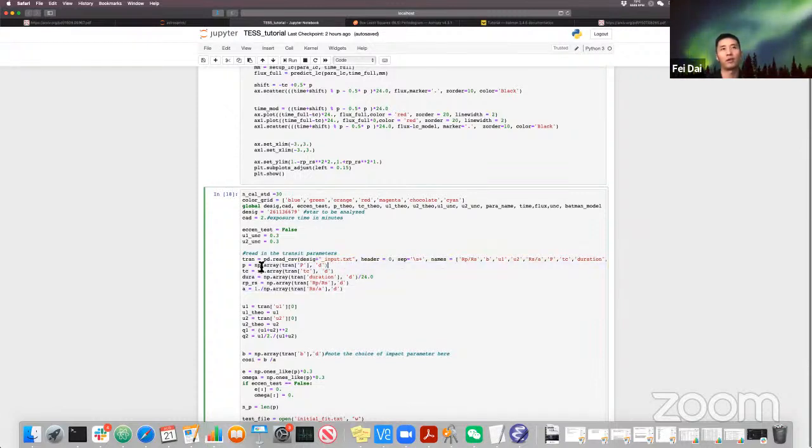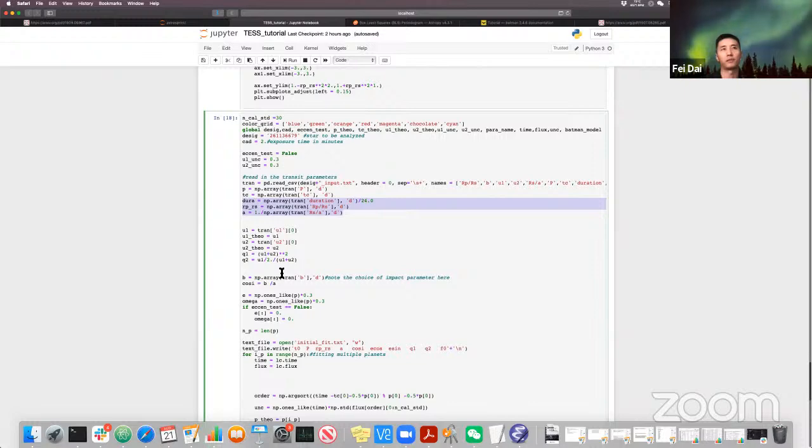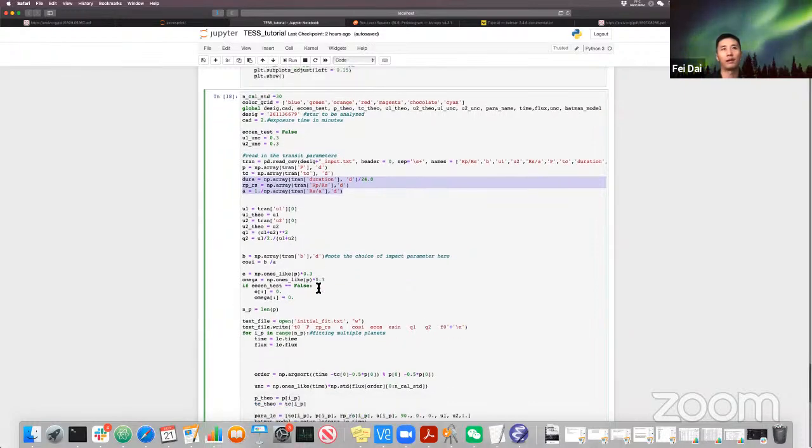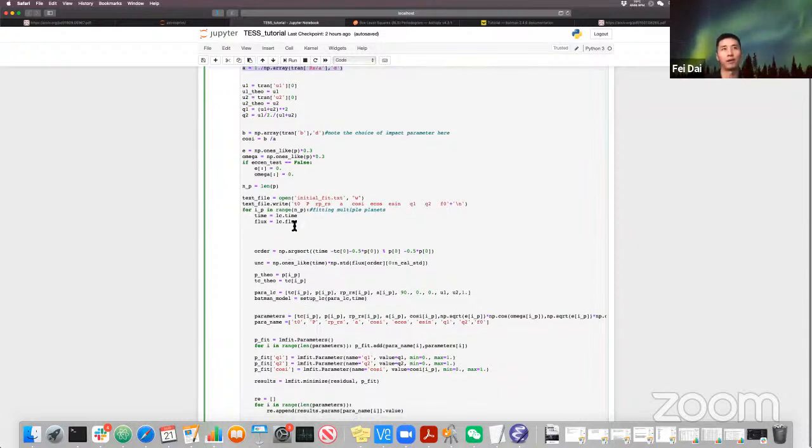For example, the period we know from the BLS search, as well as the timing, also from the BLS search. And for the duration of the planet, radius, semi-major axis, we can all guess an initial value. This doesn't have to be super accurate. The same applies for the limb darkening parameters. All right, so basically here is putting things into the correct variables.